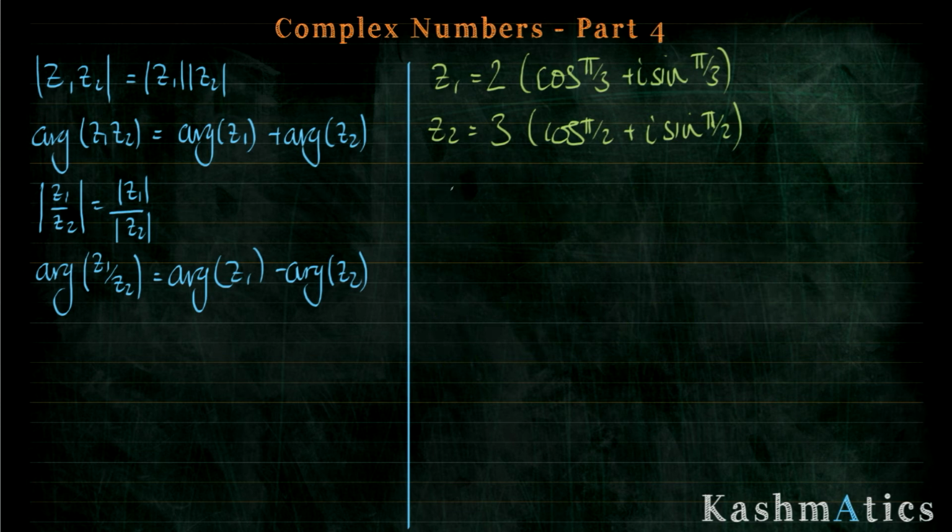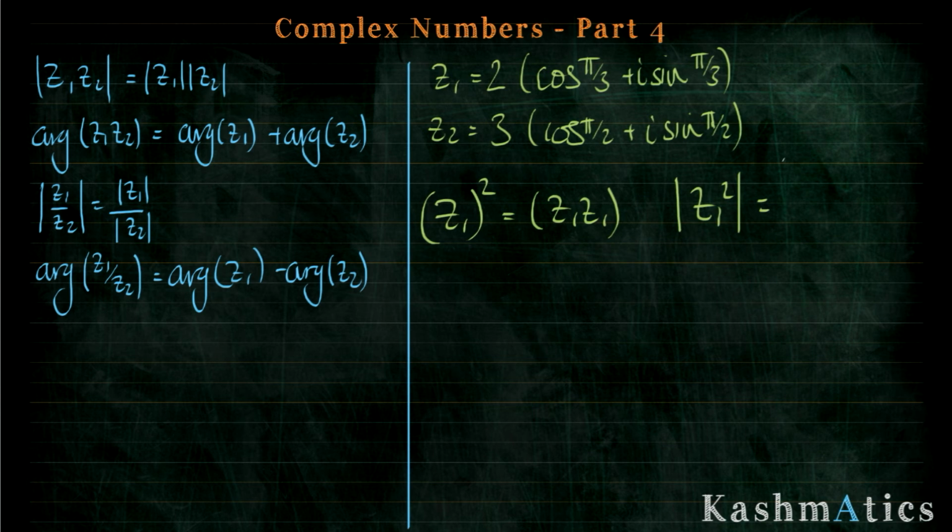And finally, we'll just try squaring one of them. So let's just do z1 squared, okay, and just remember that is the same as z1 times z1. So let's look at the modulus of z1 squared.